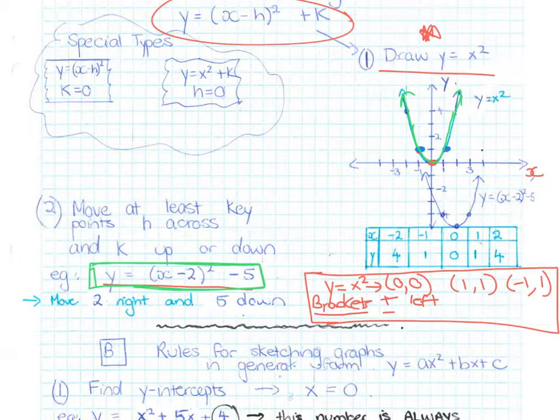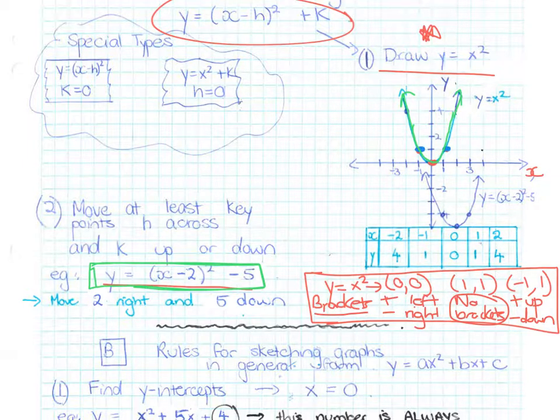If it is negative, you move the graph to the right. If you do not have brackets, if it is positive, you move it up, and if it's negative, you move it down. They are the key bits of information you must know for this section.